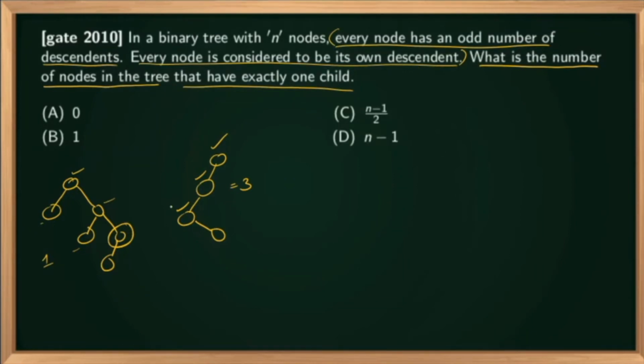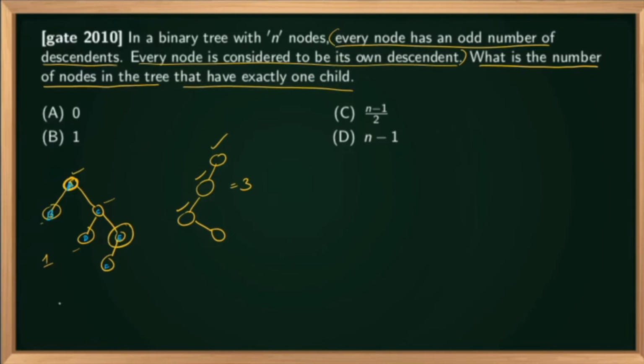So you know what a descendant is, right? This is A, this is B, this is C, this is D, this is E, and this is F. The normal definition of descendant is that B, C, D, E, F are all descendants of A. But here it says we should consider that particular node also its own descendant.